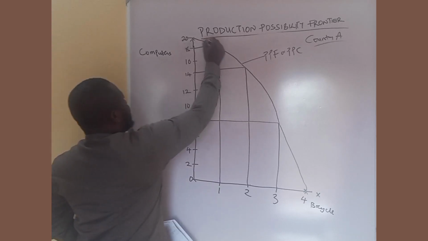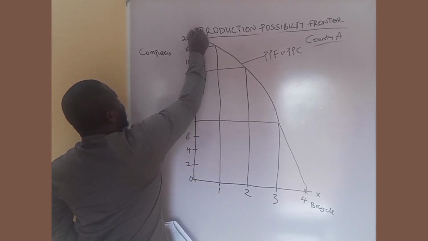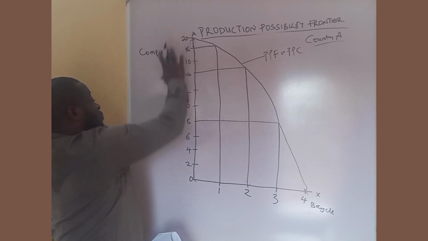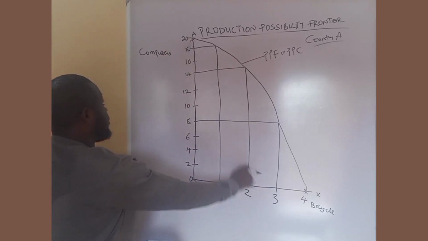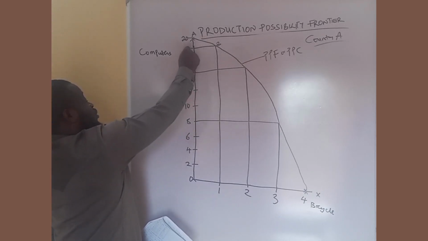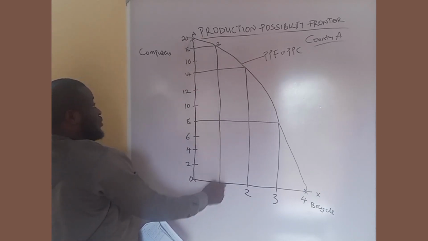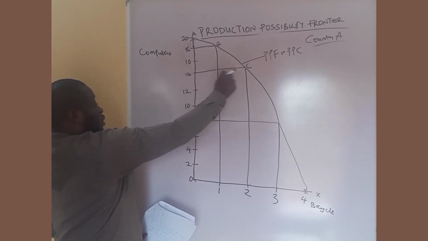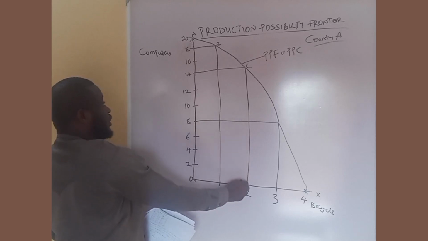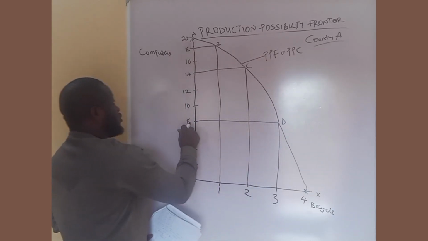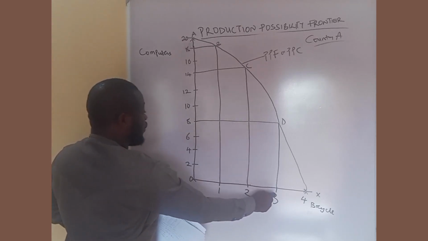From here, you can see that here is point A, and at point A, country A only produces 20 units of computers while it produces no bicycles. But at point B, country A produces 18 units of computers and 1 unit of bicycle. At point C, country A produces 14 units of computers and 2 units of bicycles, while at point D, country A produces 8 units of computers and 3 units of bicycles.